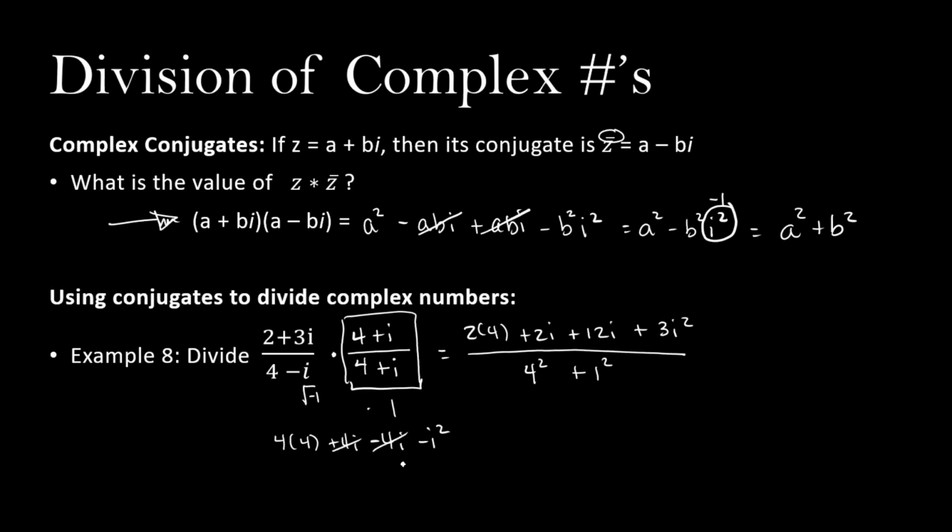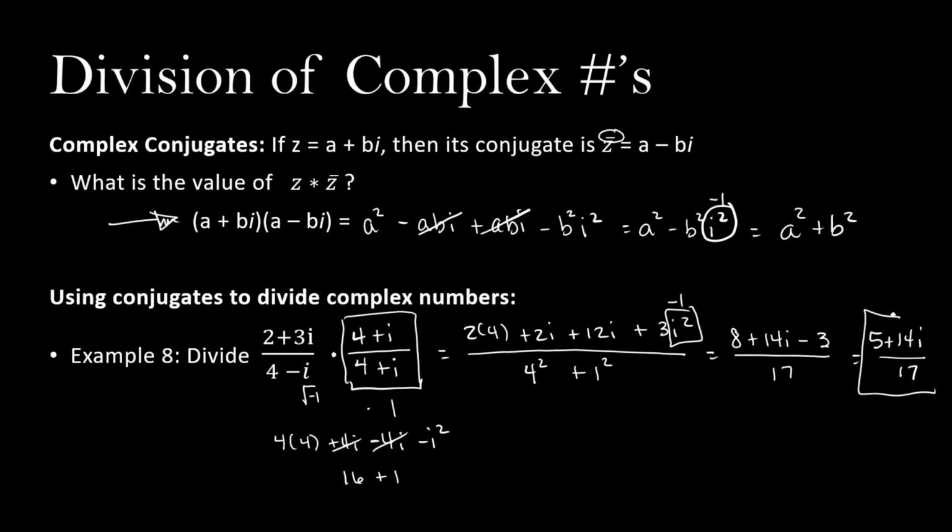So the outside and the inside go away, and I end up with 16 plus 1. Okay, so this simplifies to 8 plus 14i minus 3, because this i squared becomes a negative 1, all over 17. So I get 5 plus 14i over 17. Now, if we want to write this in standard notation for complex numbers, I would split the real part and the i part up.